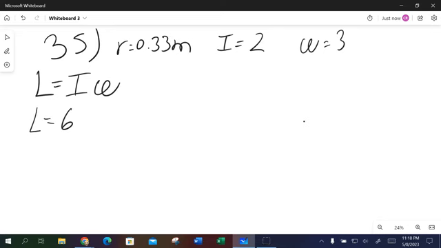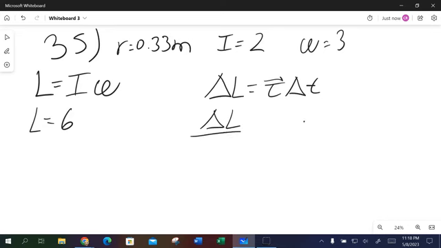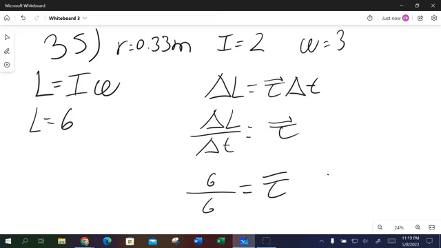This is important because we're going to now use the equation delta L is equal to torque times delta T. Then we're going to divide delta L by delta T to get torque. It tells us that the wheel stops spinning after 6 seconds, so delta T is equal to 6. And the change in rotational momentum is going to go from 6 to 0. So we get 6 divided by 6 is equal to torque. So torque is going to be equal to 1. So our answer is B.